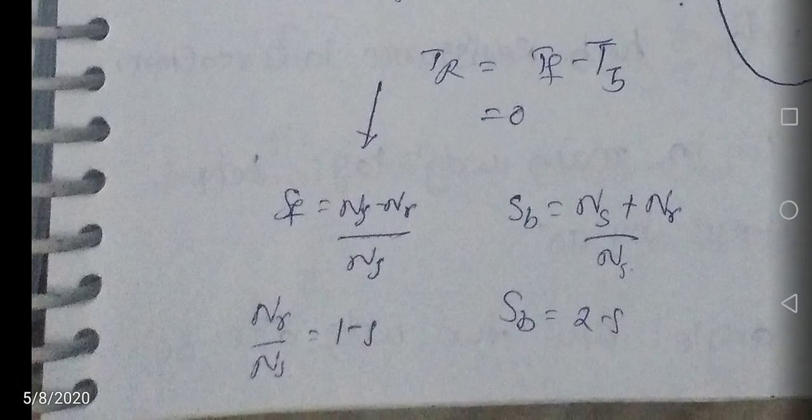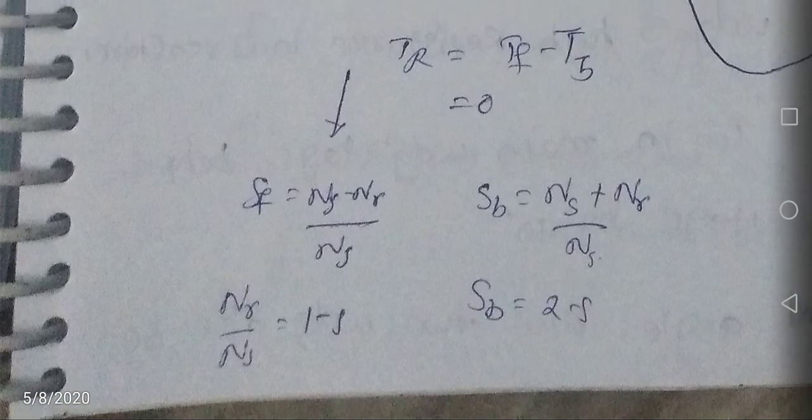NR by NS equals 1 minus S. So SB equals NS by NS plus NR by NS, which is 1 plus NR by NS.